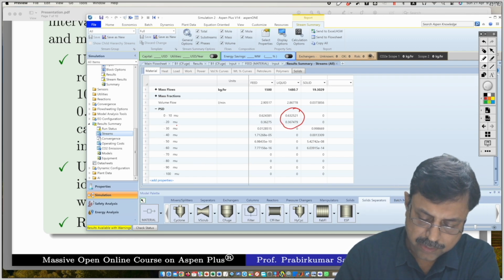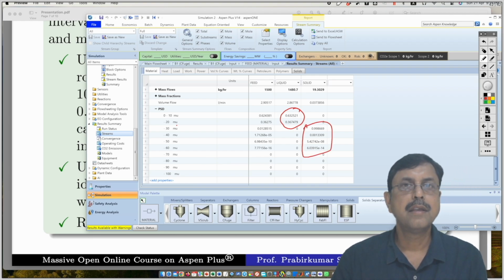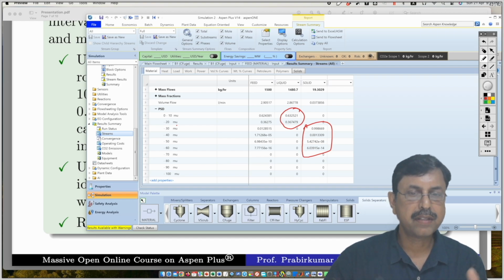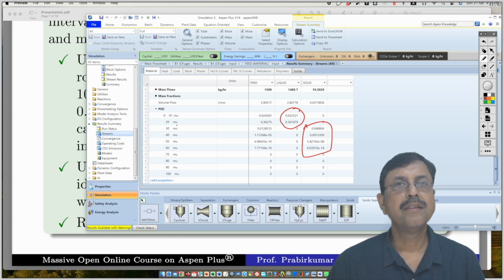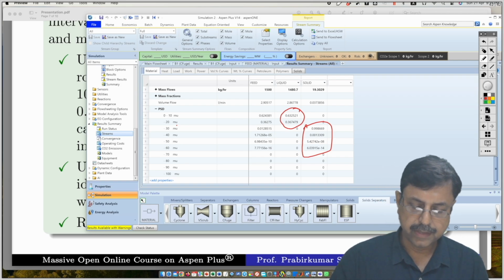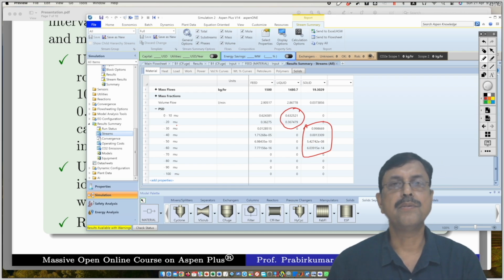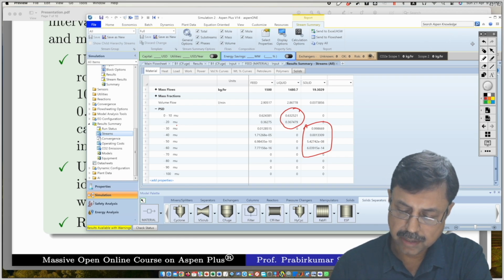And above 20 micron, everything has gone to the solid stream, because 20 micron is the cut size. Above 20 micron, everything has been filtered, so this has come to the solid stream. And below the cut size, that has escaped through the liquid stream. That is how the solid separation works.